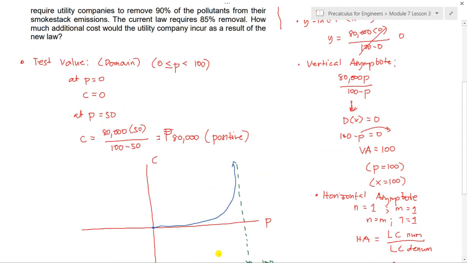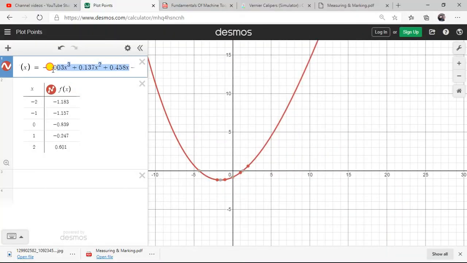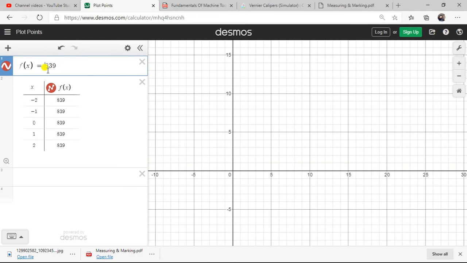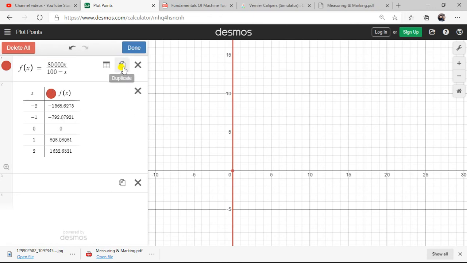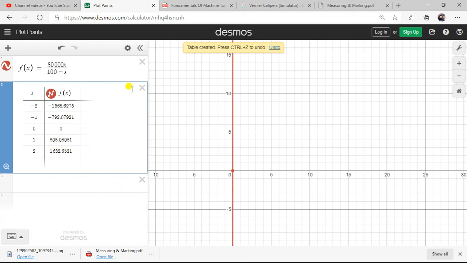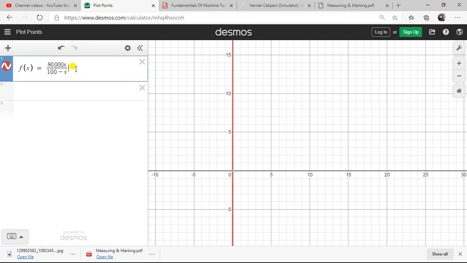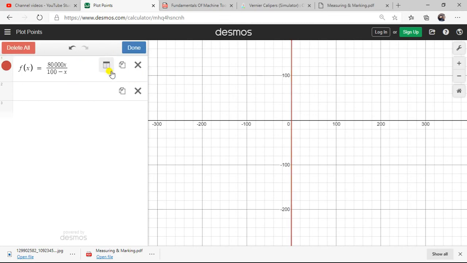Now atin siya i-prove by graphing it online. In our online graphing calculator, so kana siya ati butang, we have 80,000 x divided by 100 minus x, and we can set some points ata. Kani siya pwede mo siguro mo nga 0 less than. So kato ni kita on.